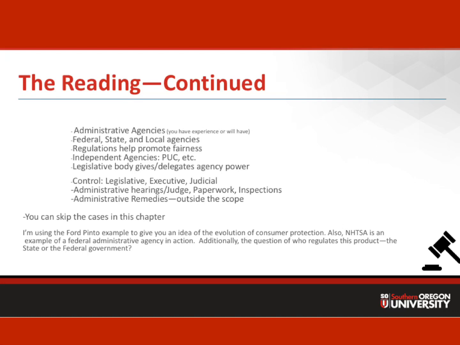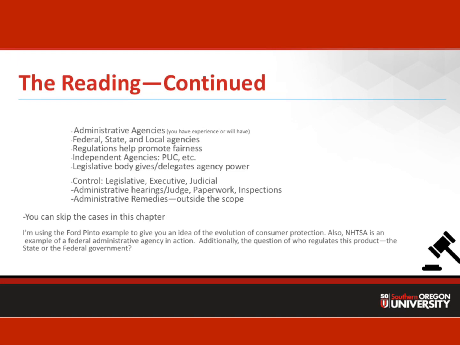As I mentioned here, you can skip the cases in this chapter. And I'm also using the Ford Pinto example to give you an idea of the evolution of consumer protection. And also NHTSA, the National Highway Transportation Safety Administration, is an example of a federal administrative agency.